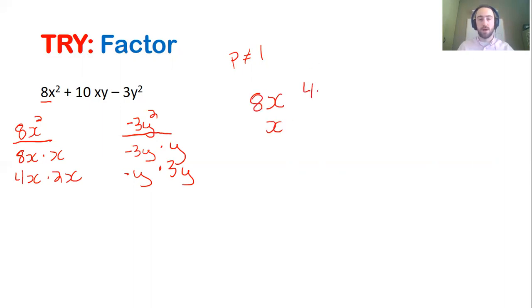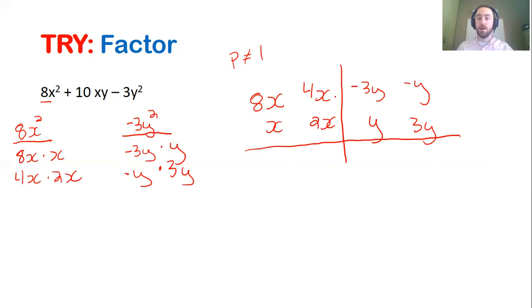We also have 4x and 2x. On this side, we have negative 3y and y, and also negative y and 3y. We're going to go ahead and cross multiply.